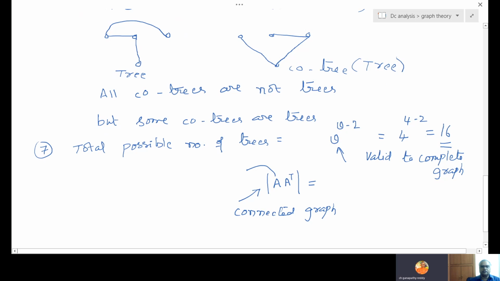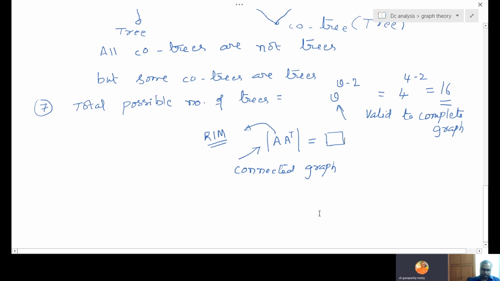A is the reduced incident matrix. Reduced incident matrix is already discussed. A times A transpose, determinant, you get some number. So what is the significance of that number? That many possible trees will come for a connected graph. So complete graph formula is simple. Connected graph formula is lengthy. But these formulas you have to know.